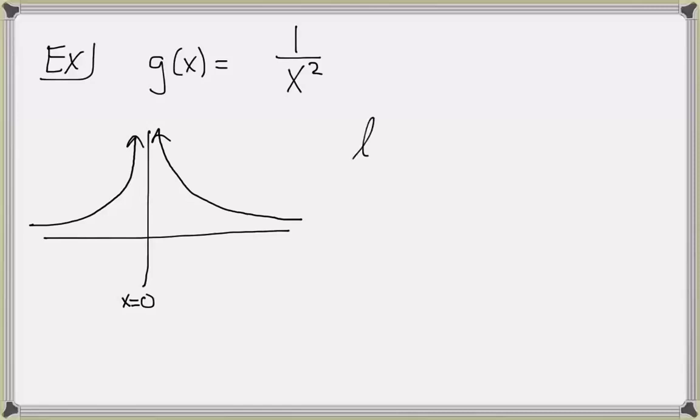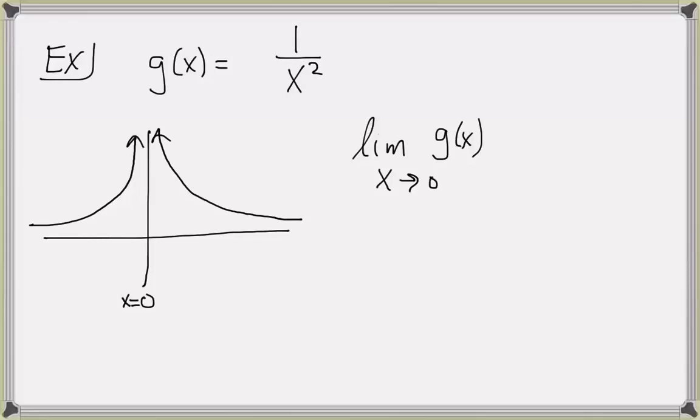So consider the limit of g of x as x approaches 0. As you can see from the graph, the values of g of x are getting larger and larger as x gets closer and closer to 0. But these values are not stopping anywhere.